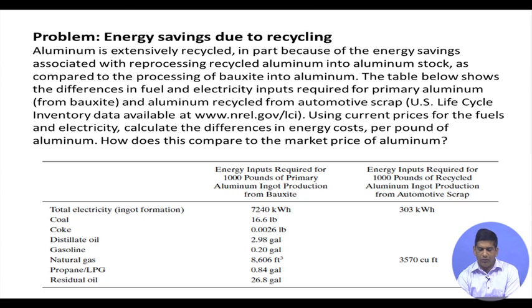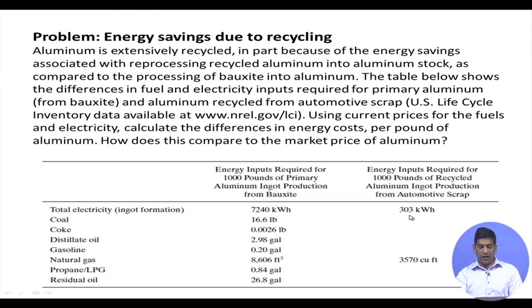And the reason for aluminum getting recycled, as you can see here, is the energy input required for 1,000 pounds of primary aluminum ingot production from bauxite, versus the energy input required for 1,000 pounds of recycled aluminum from automotive shop. You see that it goes down by almost 24 times.